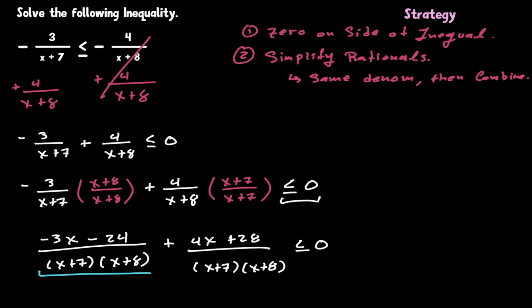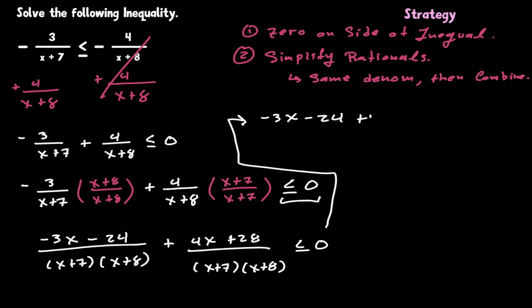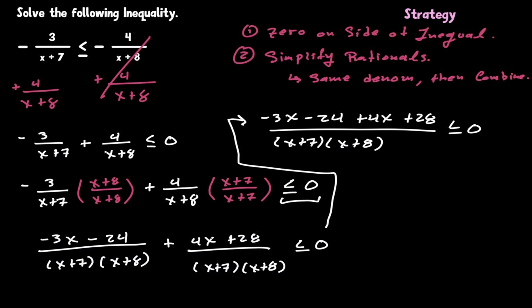Now notice that both fractions have the same denominator. Now we can combine numerators. Now we're going to get negative 3x minus 24 plus 4x plus 28, all over the same denominator, x plus 7 times x plus 8. And bring down the rest of the problem. Now let's combine like terms.